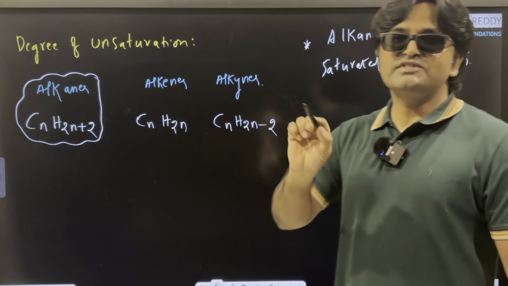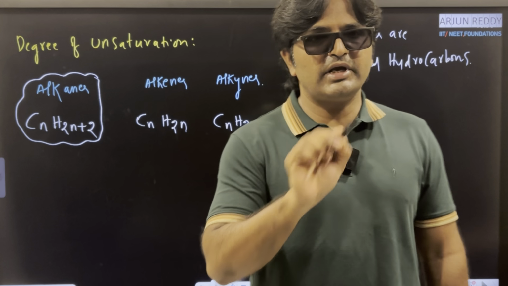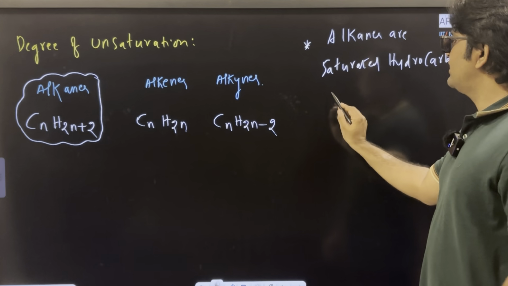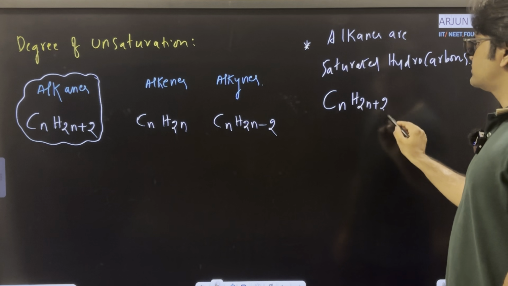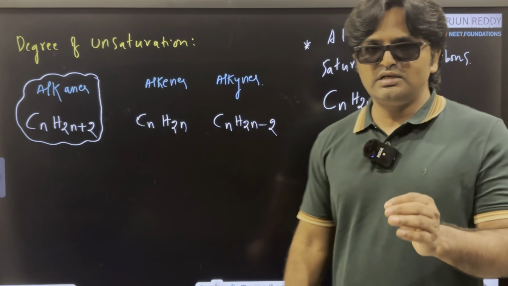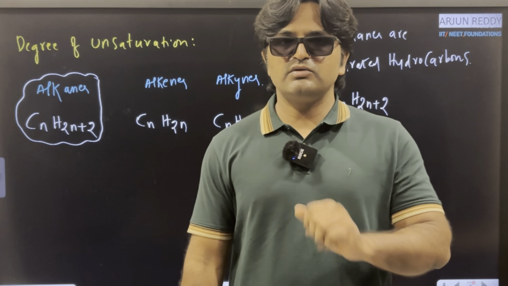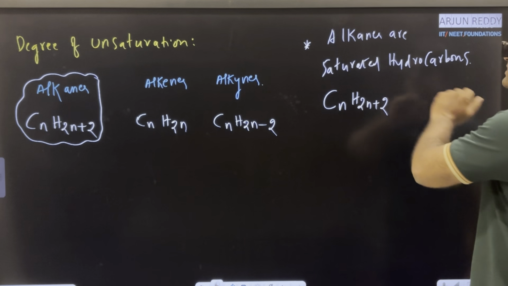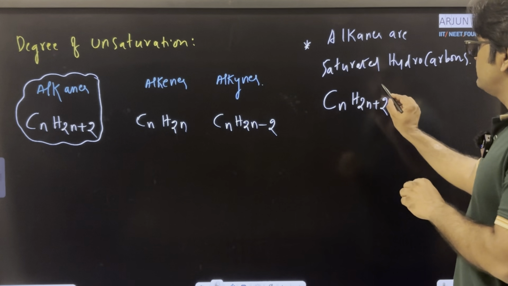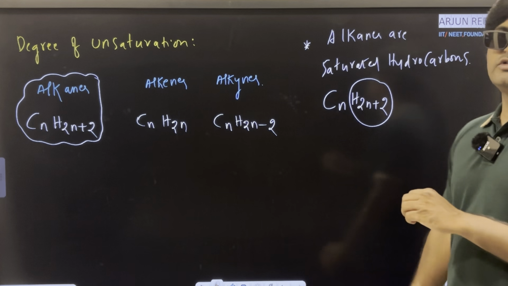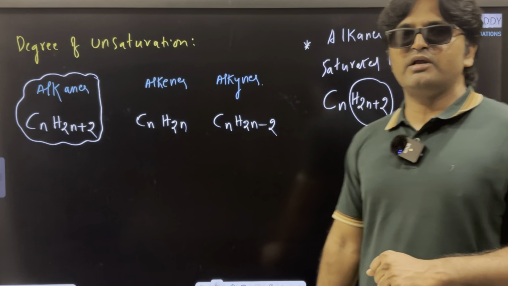What is the meaning of saturated hydrocarbons? Come back to the same formula: the general molecular formula of alkanes is CnH2n plus 2. Why do we call them saturated hydrocarbons? Look at how many hydrogen atoms are there on n number of carbon atoms.